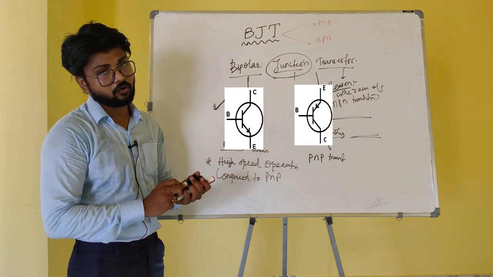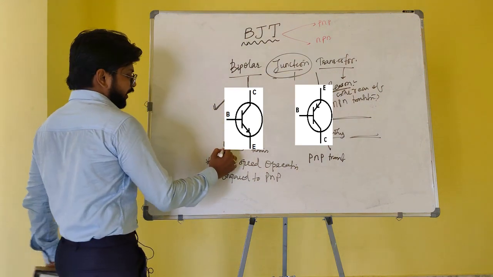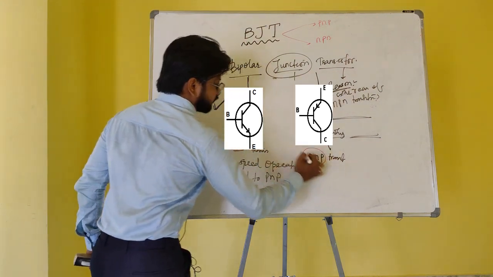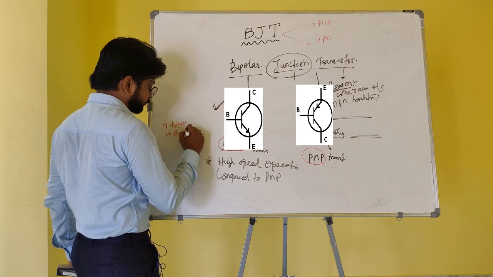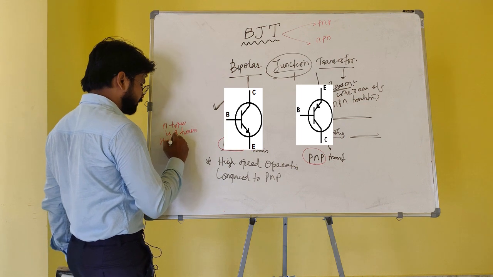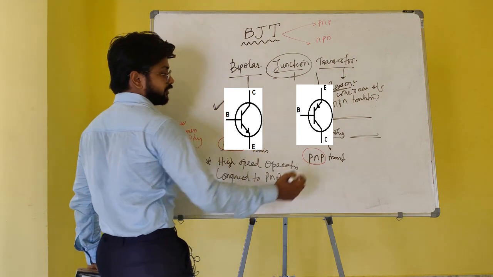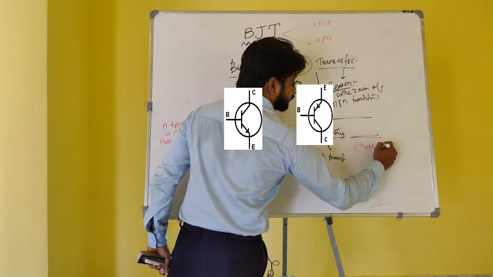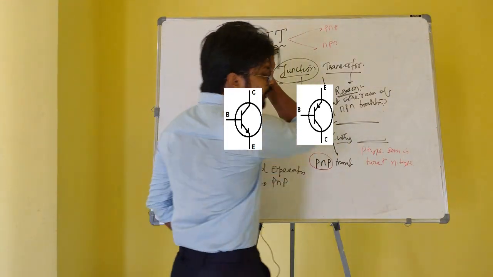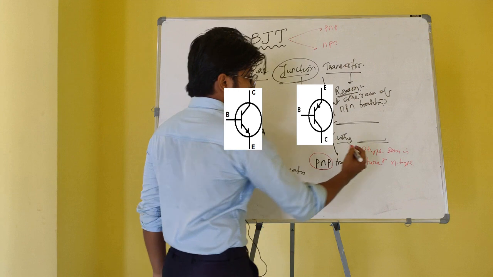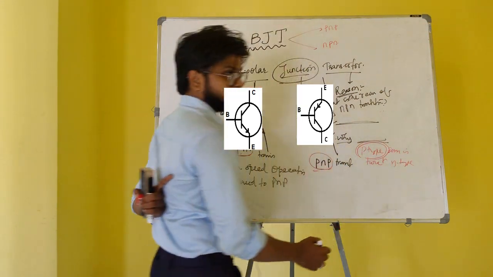Now the question is how and why. Considering the NPN transistor and the PNP transistor, here the N-type semiconductor is 2 times the P-type, which happens in reverse in the PNP case. So in a PNP transistor, the concentration of P-type is twice that of N-type.